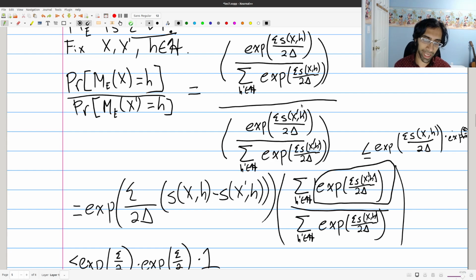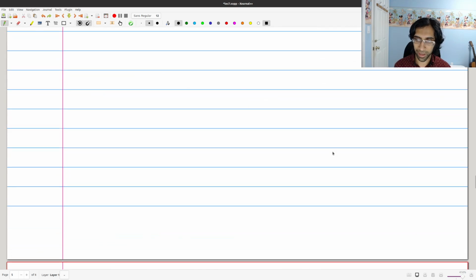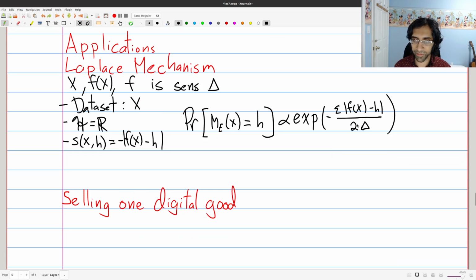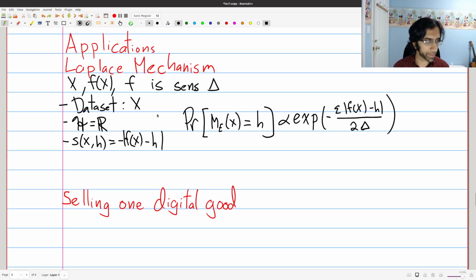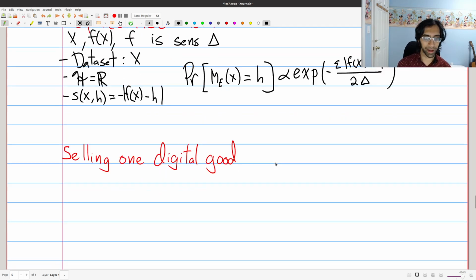But in this case, when we're looking at a Laplace distribution, this specific class of functions won't have to pay this just because it's well behaved, and the normalization will always be the same thing. So in fact, in this case, we can do better and save this factor of 2. But the main point here is just to show you that this is in fact an instantiation of the exponential mechanism. Cool.